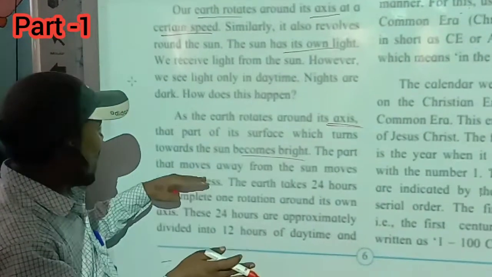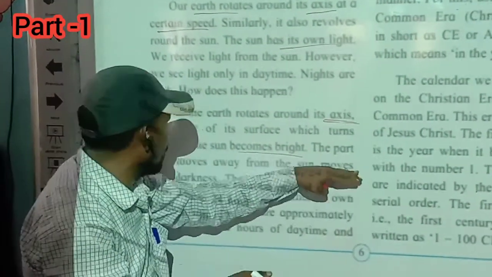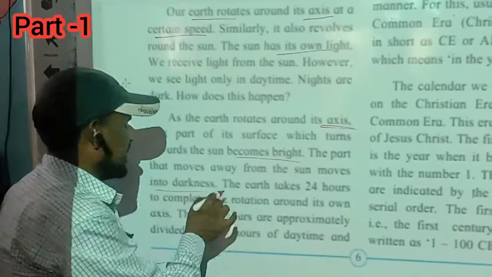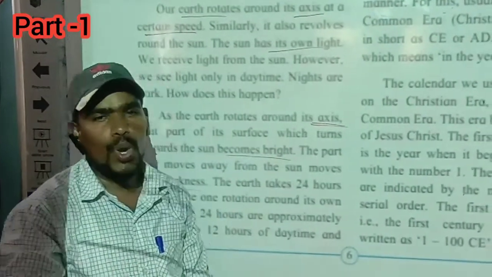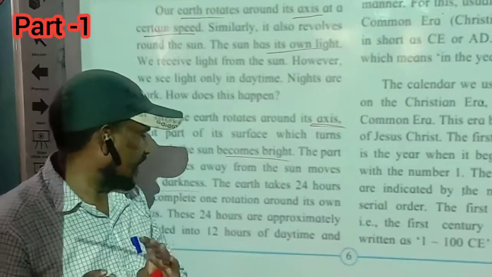And the part that moves away from the sun moves into darkness. The other part of the earth goes into the dark.